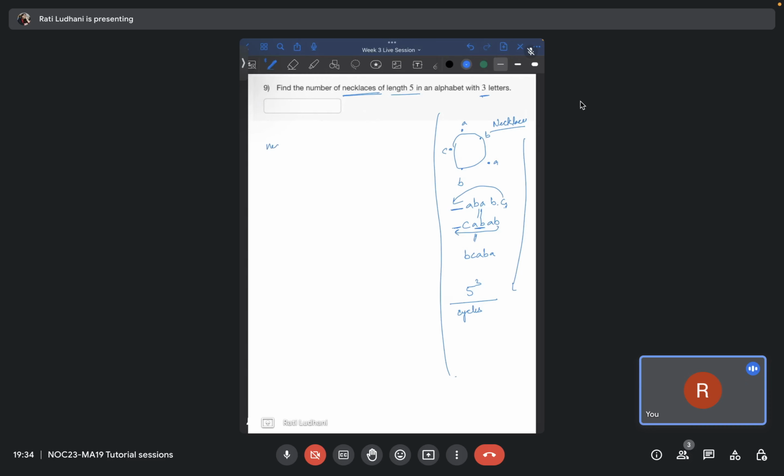So again there's a formula to do that. You can check the notes, which says necklace of 5, so length is 5, is equal to the sum of primitive of d with a coefficient on it.